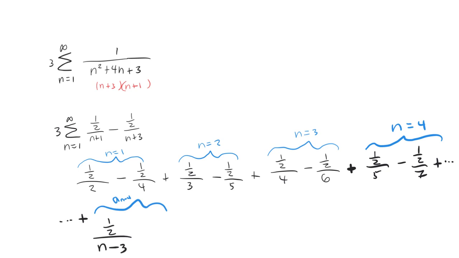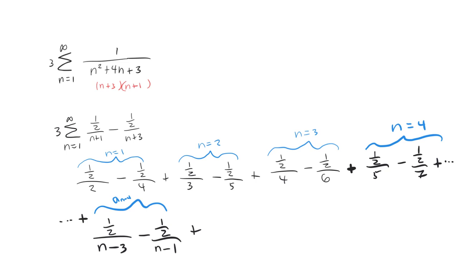So how did I do that? I substituted n minus 4 in for n. So n minus 4 plus 1 would be n minus 3, okay? So then that's going to be minus 1/2 of, if we plugged in n minus 4 here, n minus 4 plus 3, which is n minus 1.